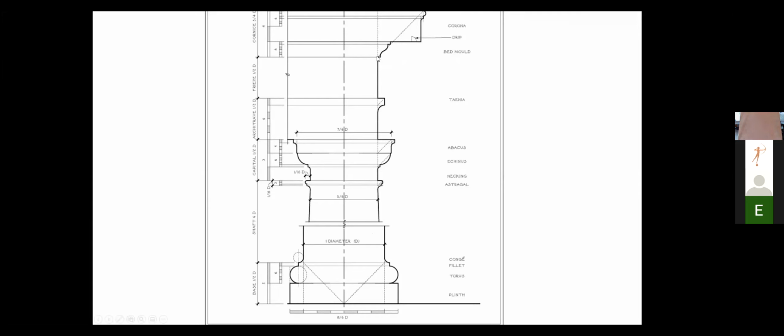These all have to be carefully aligned with each other. You can see the frieze and architrave share the same alignment with the neck of the column. That is a very standard rule that should never be violated between each one of the orders, Doric, Ionic, and Corinthian.